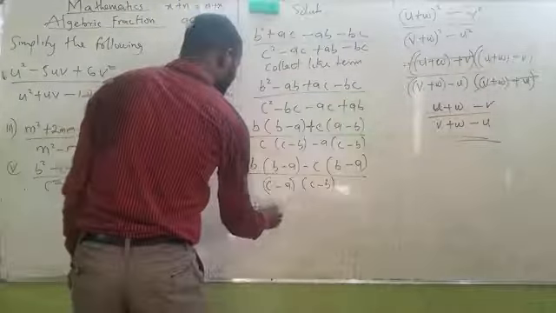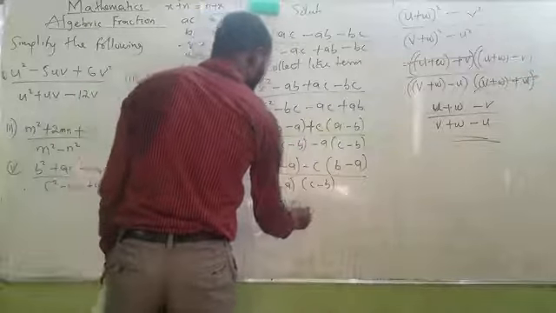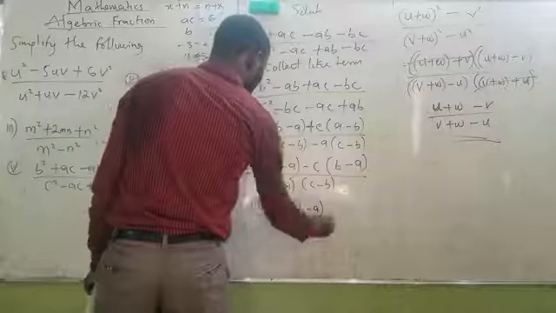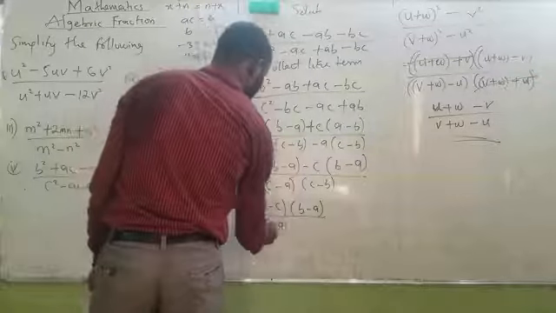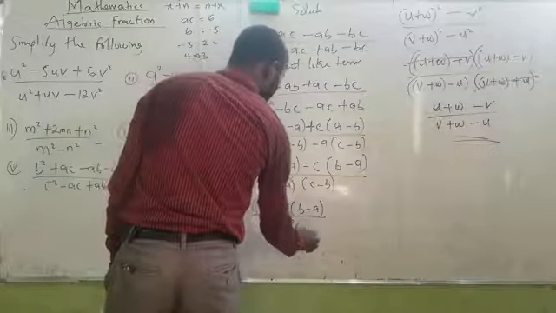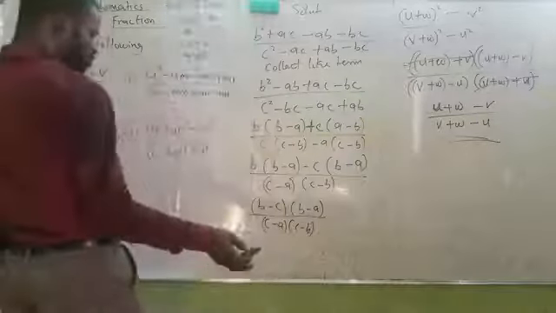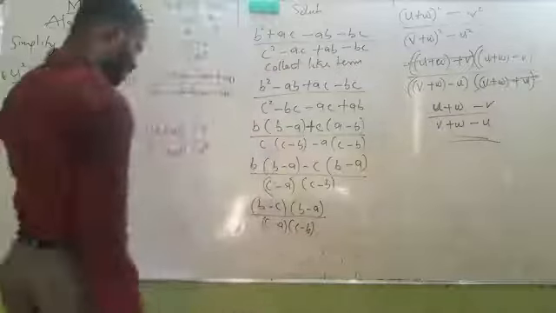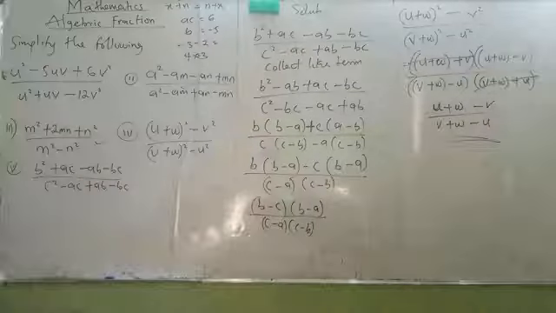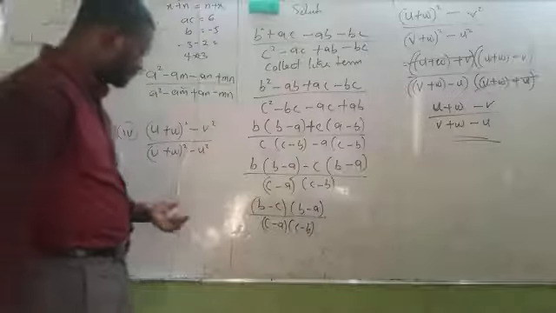Now here will be b minus c and b minus a divided by c minus a and c minus b. Okay, what can I do? What should I do? Is there anything going on here? Nothing.